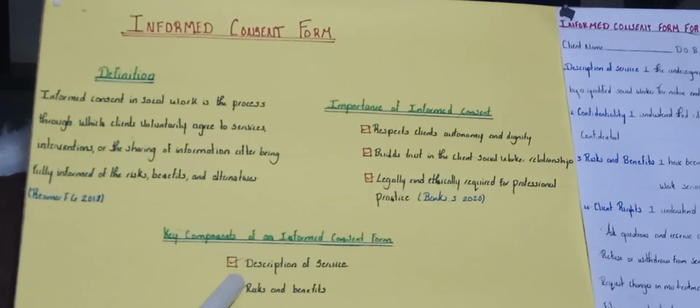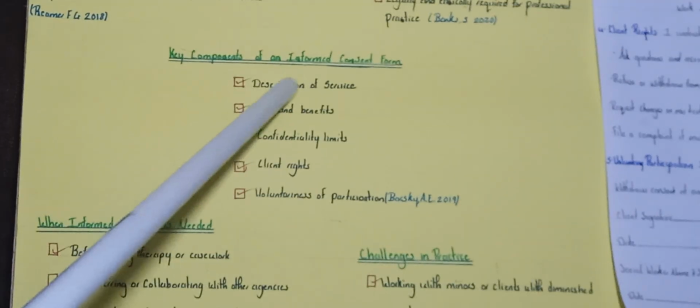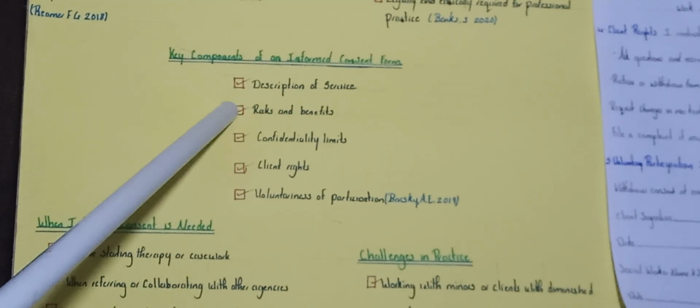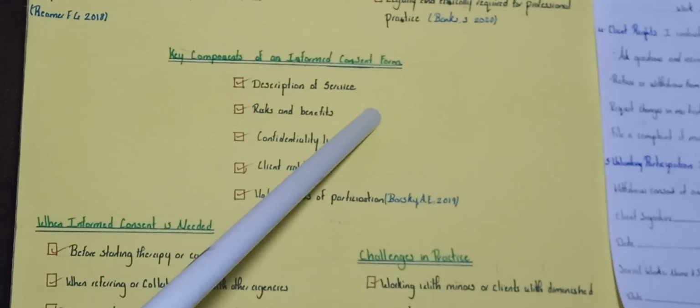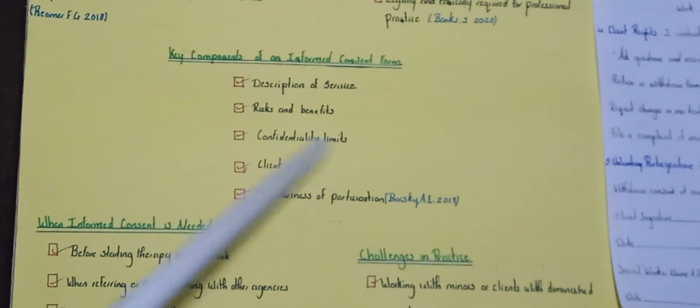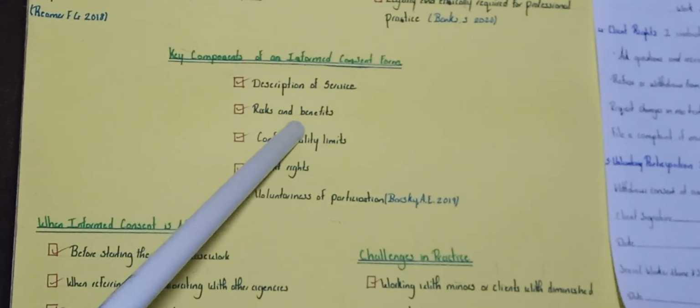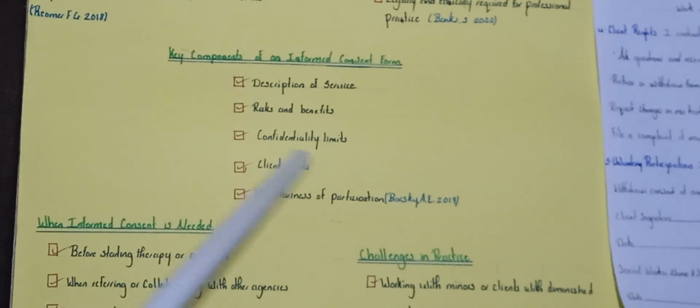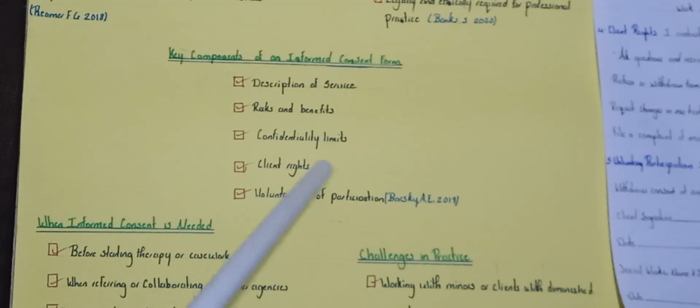So what are some key components? Now we'll move to the key components of the informed consent form. One, it describes the services offered. It describes the risks and the benefits. Confidentiality limits. It also contains the client's rights.